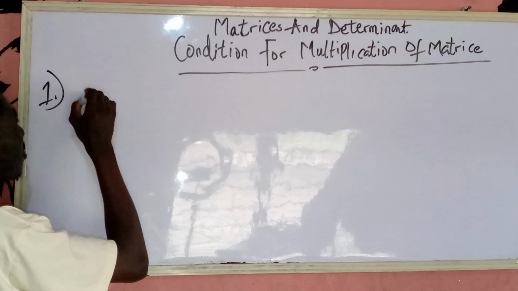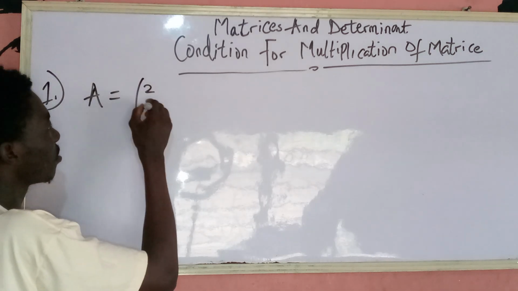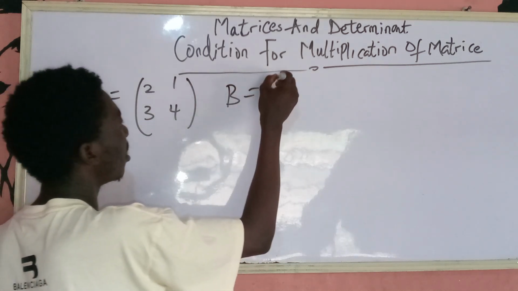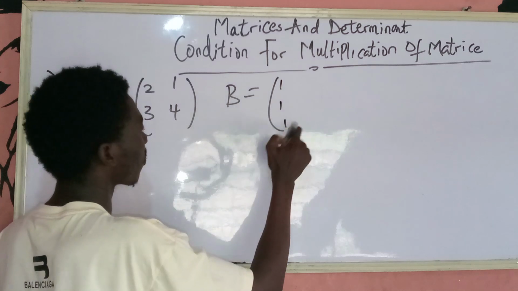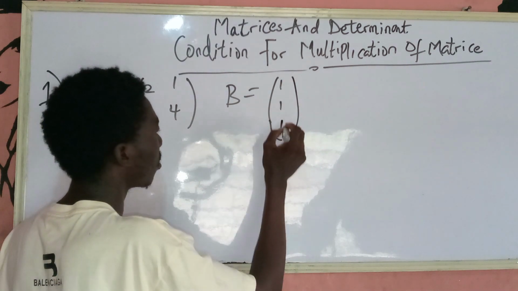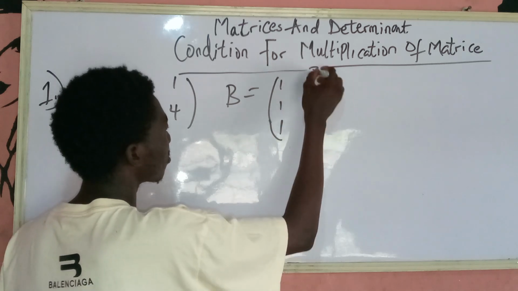Number one, if A is equal to 2, 3, 1, and 4, and B is equal to 1, 1, 1, 1, 4, 1.